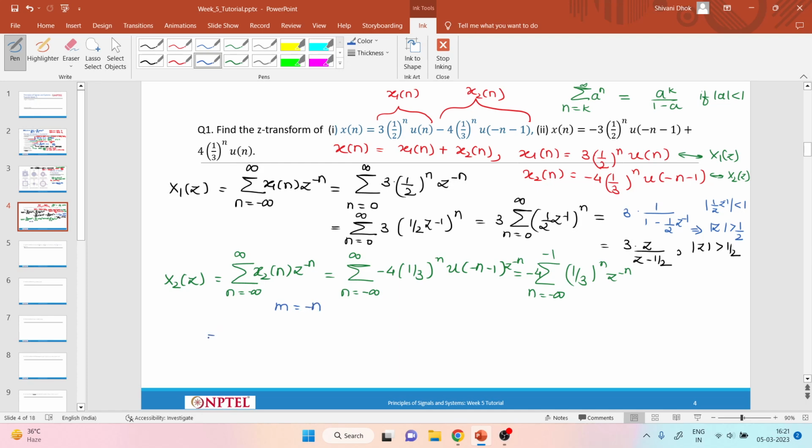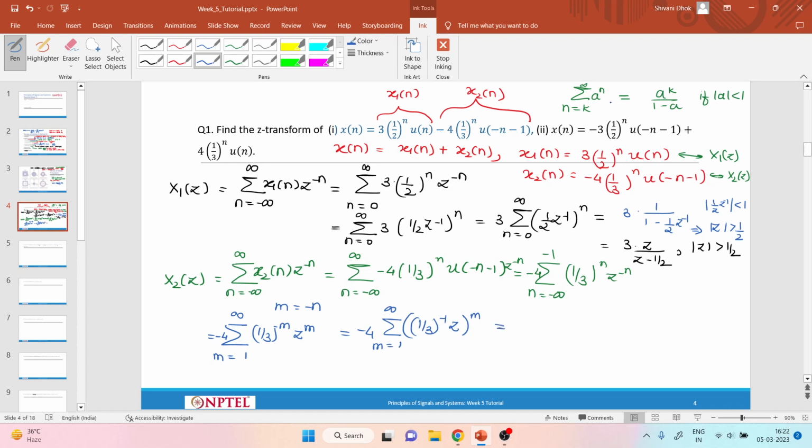If I do that, then this will become summation m running from 1 to infinity with a minus 4 outside, 1 by 3 power minus m into z power m, which I can write as minus 4 into summation m equal to 1 to infinity, 1 by 3 inverse, so I can write it as 1 by 3 inverse into z, whole power minus m.